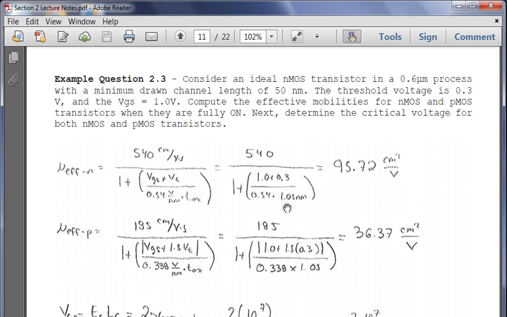We know that we are given in our equation sheet that 1.05 nanometers, or 10.5 times 10 to the negative 8 meters, is the general thickness of the oxide. We know that 0.54 is given in the problem. We know 1 from VGS and 0.3 is given from our threshold voltage. Substituting that in, we get 95.72 centimeters squared over volt-second.